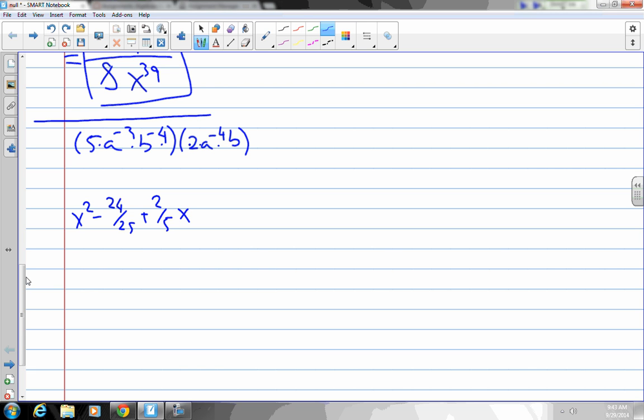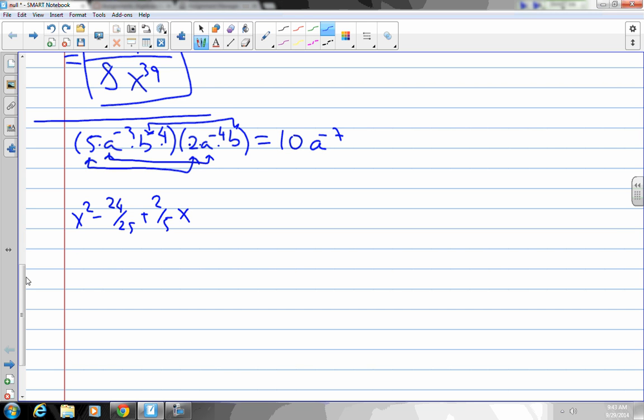The way you multiply things, you can multiply 5 and 2, right? So that's 10. Now what do you do when you multiply a to the power negative 3 and a to the power negative 4? What do you do with exponents? Add them. So negative 3 plus negative 4 gives you negative 7. So it's a to the power negative 7. Same thing with the b's.